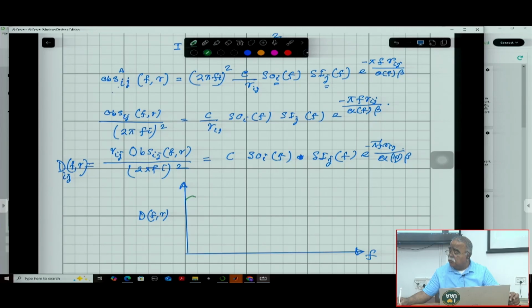This is ideal, you cannot get it exactly this way, there might be a picture like this or something like that, but that's okay.